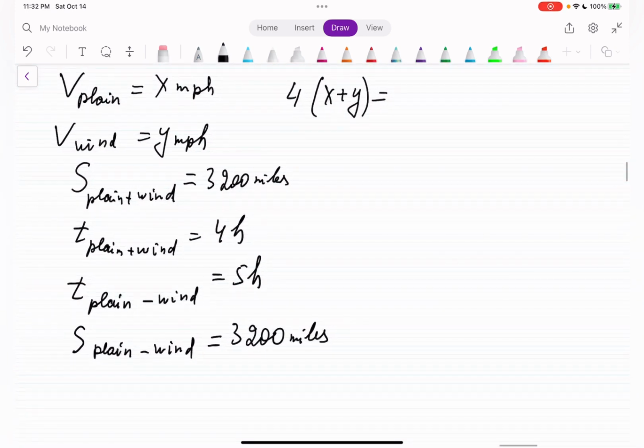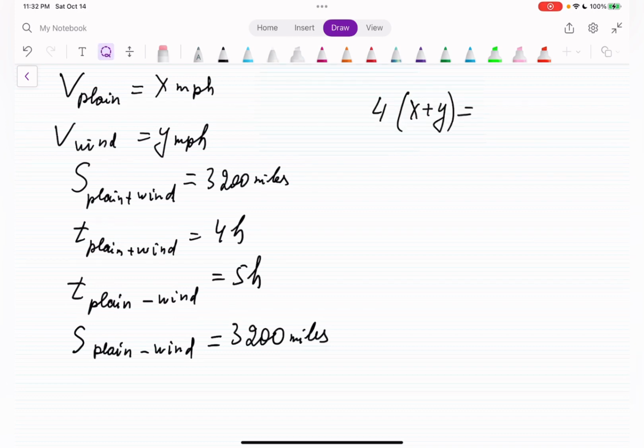So it's going to be 4 times (x plus y) is equal to 3,200, and 5 times (x minus y), because the speed of the plane is x and the speed of the wind is y, is equal to 3,200.